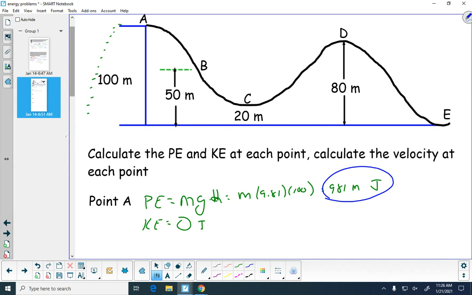At this point right here, we have potential energy and kinetic energy. Here we only have potential energy. So we lose potential energy and gain kinetic. But when we add them up, they should all add up to be the same.